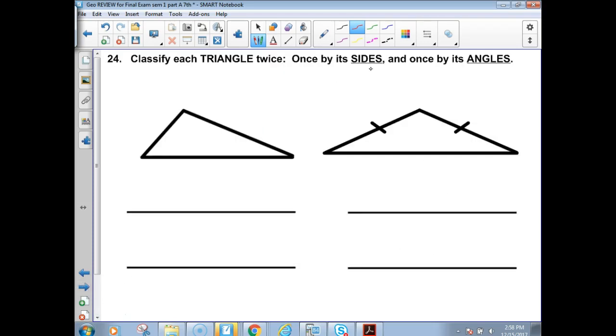Classify the triangle twice, once by its sides, once by the angles. By the sides, it can be scalene, isosceles, or equilateral. This has three sides different, so it's scalene. This one has two sides equal, so it's isosceles. Now, by the angles, the first triangle's angle up here is the one you look at.